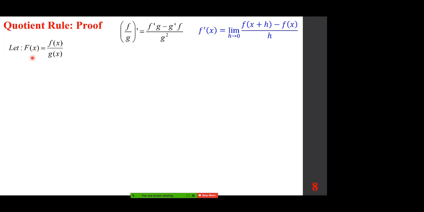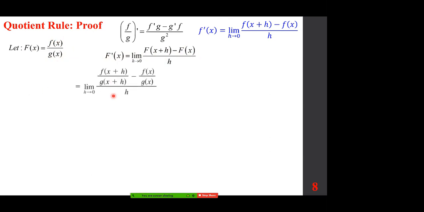So that's capital F of x. Now, what is capital F of x? So lowercase f of x plus h over lowercase g of x plus h minus capital F of x, f over g, over h. We take the limit as h goes to 0. So I hope you can go from this step to this step, which is purely algebraic.